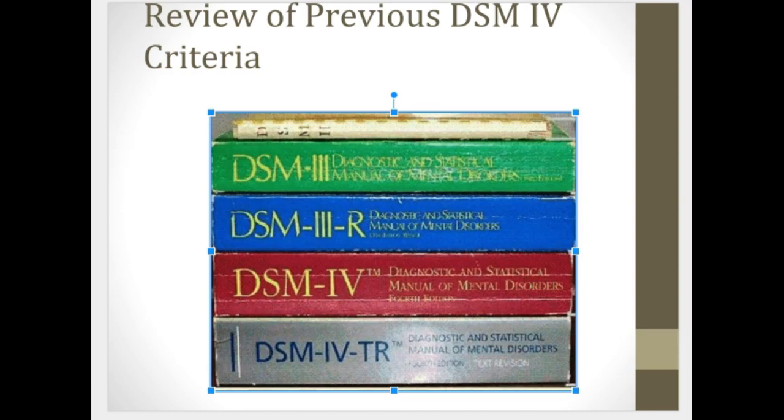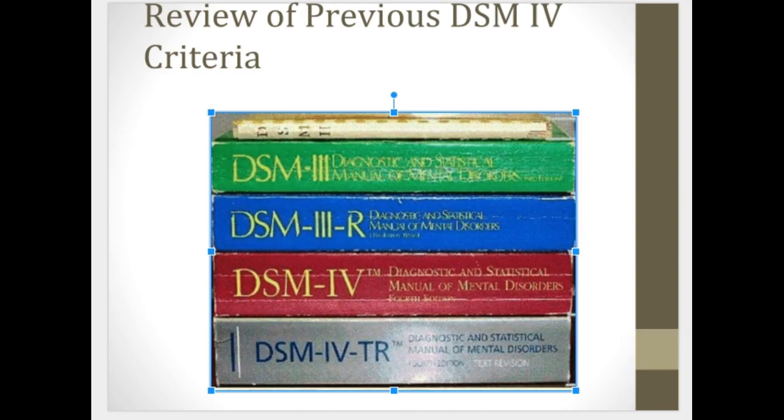And so you're probably thinking, why are you even talking then about the DSM-4? The reason I am is because you still may see IEPs written for people, especially if they're in secondary levels, that have the DSM-4 criteria in it. So it's important for you to understand the criteria shift.